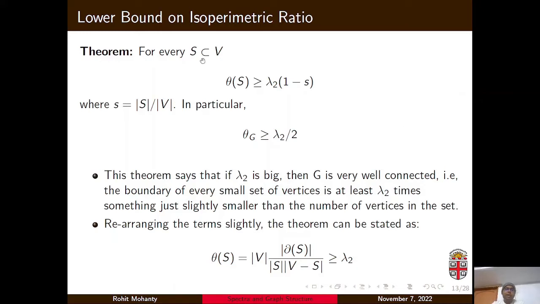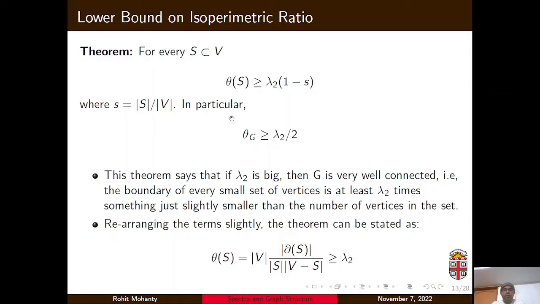To get that, we have a theorem that states for every S that is a subset of V, theta S is greater than or equal to lambda 2 into 1 minus s. Here lambda 2 is the second eigenvalue of the Laplacian of the graph, and s is given by the ratio between the size of the subset and the total number of vertices of the graph.